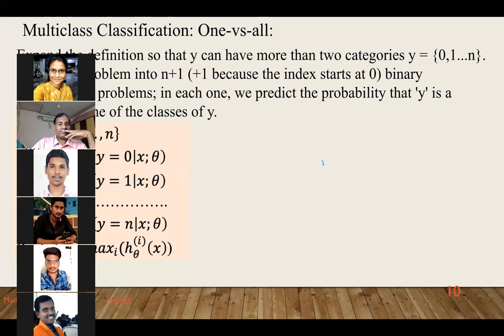But won't the cost function change if the values of y are not 0 and 1? No, because we are considering this whole thing as two groups. Zero we will write as 1, and the remaining things we'll put as 0. Then you are getting the probability of whether y equals 0 or not, that's all. Don't confuse your 0 and 1.